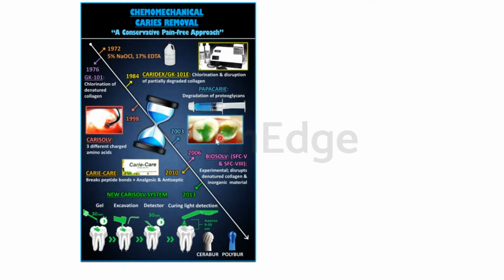Okay, so Papa Keri is something which is very interesting because it has the papain extract, which is from the papaya tree. The papaya that you know, the Carica papaya, that has that papain enzyme, which is incorporated into the Papa Keri gel. So this was introduced in 2003 by Busadori et al., who made a gel which consisted of that papaya extract, that is papain enzyme.